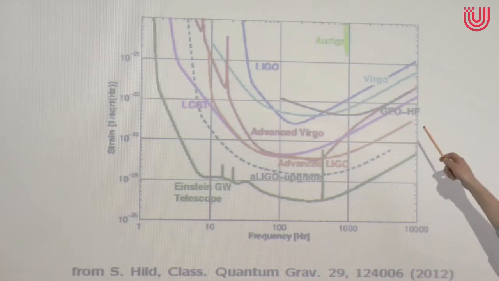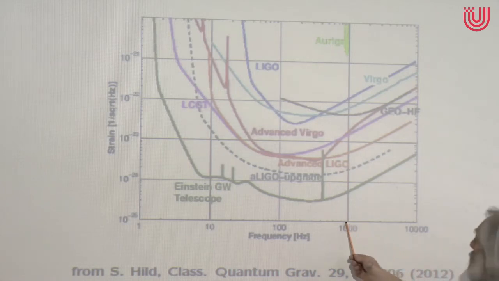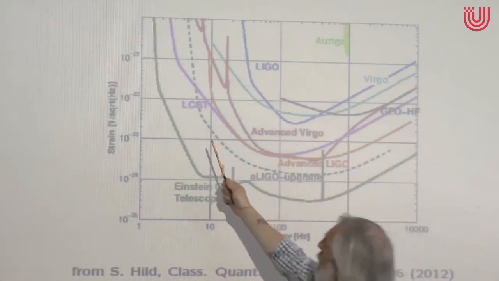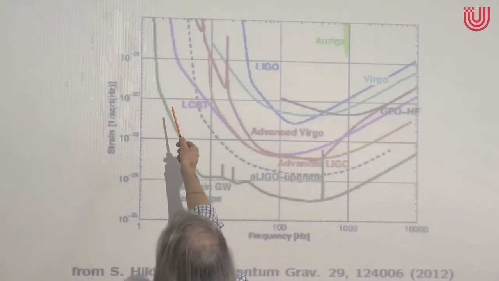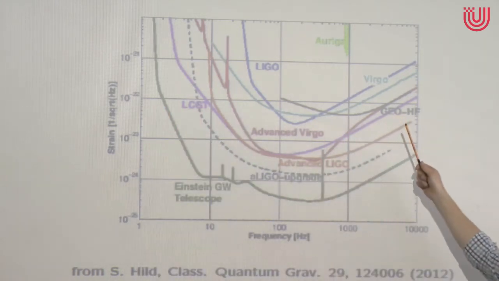Let's look at this green thing up there. This is Auriga. This is the most sophisticated resonant bar detector which was ever built. It's now shut down, but it was in operation for a couple of years in Italy. And you see this is a very small frequency band, near 1 kilohertz. And the sensitivity, what is this? It's 10 to the minus 21, 1 over square root of hertz.